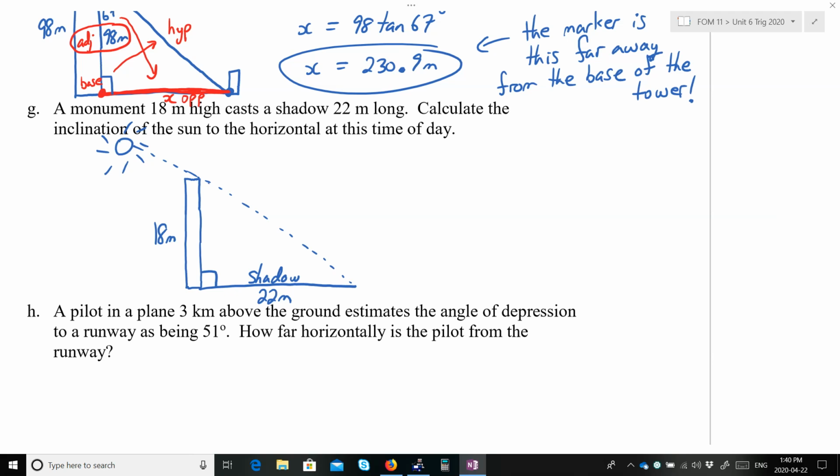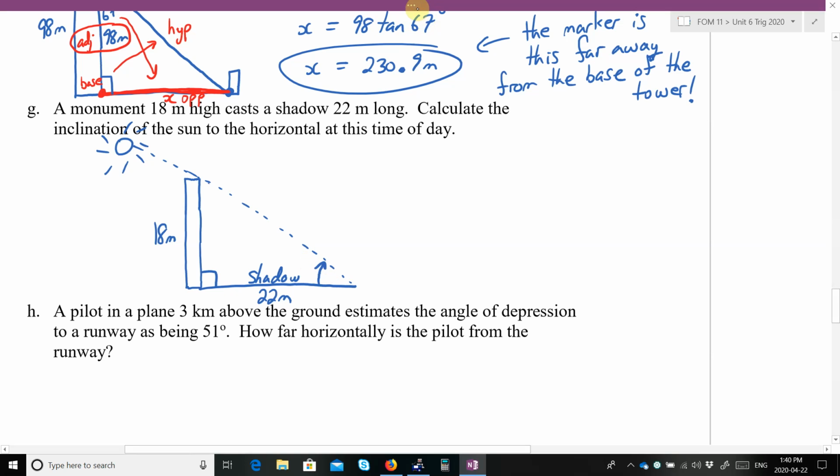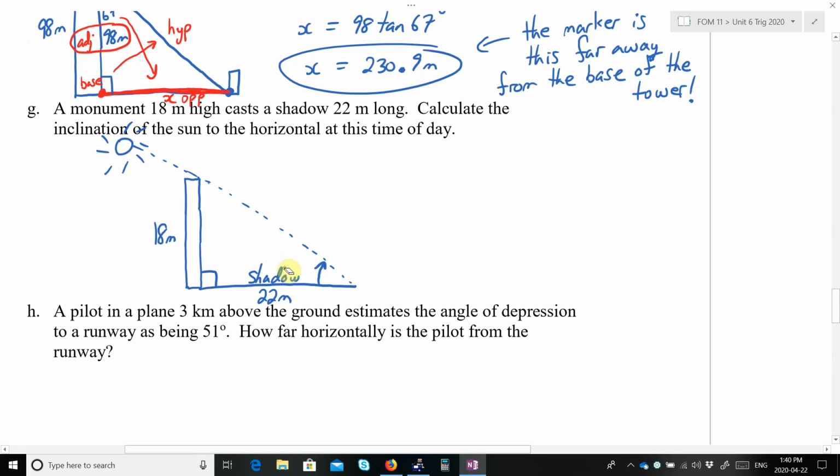Calculate the inclination of the sun to the horizontal at this time of day. So the horizontal would be like the ground, or any line parallel to the ground, and so the angle of inclination or angle of elevation up to the sun would be that one. So they want us to calculate that angle that the sun's rays are making with the ground.